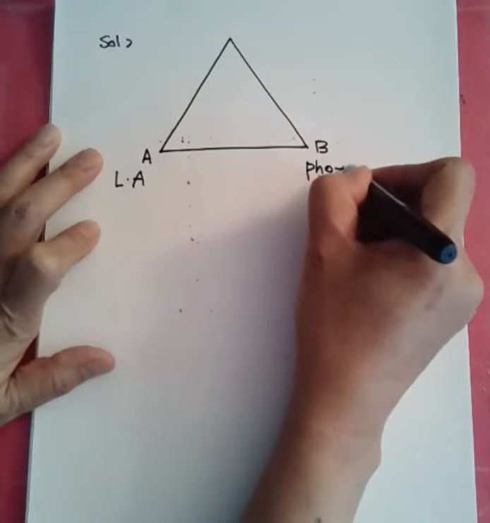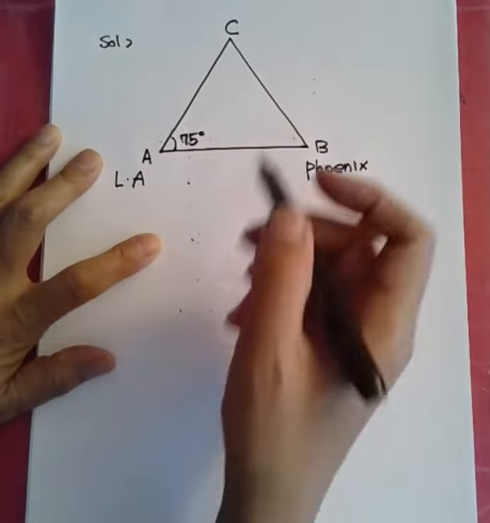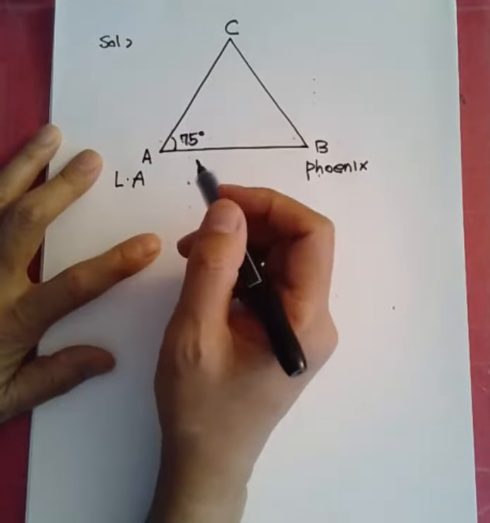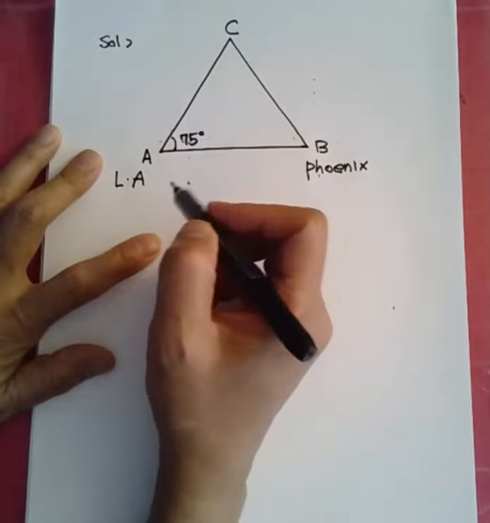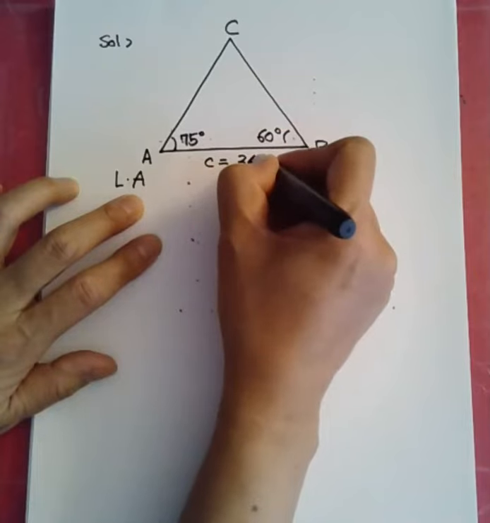They're giving you the angles between the city and satellite, that those are 75 degrees and 60 degrees. The distance between Los Angeles and Phoenix is 340 miles.